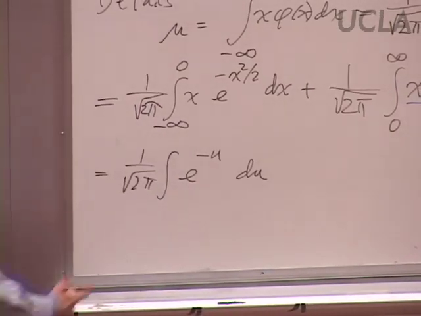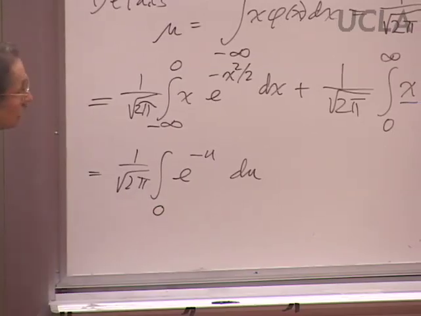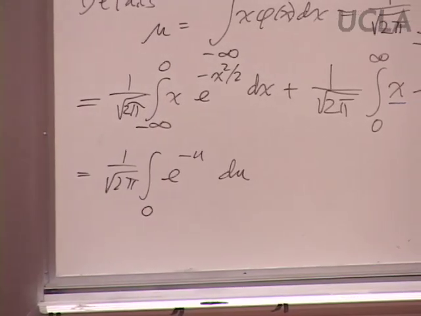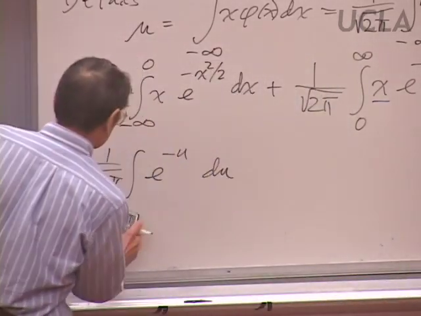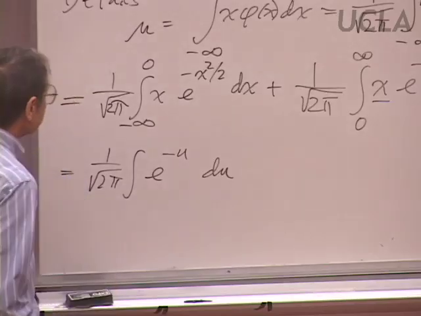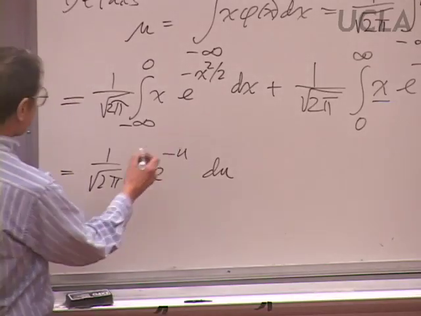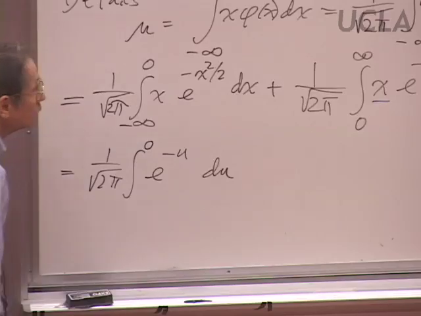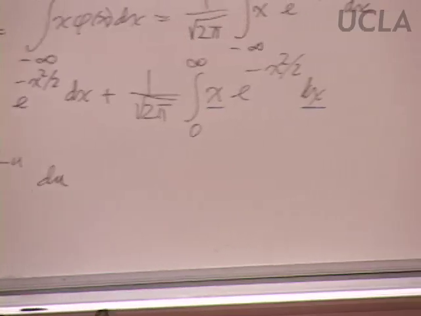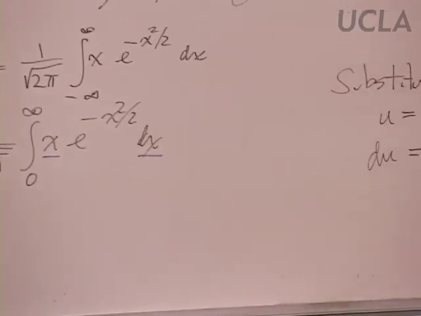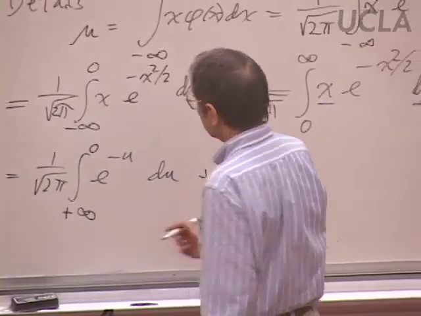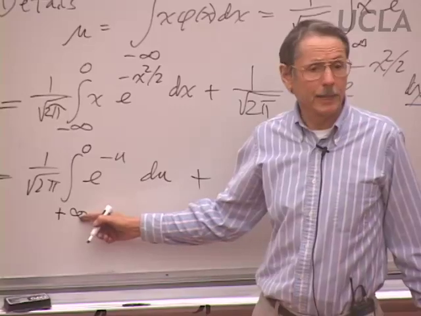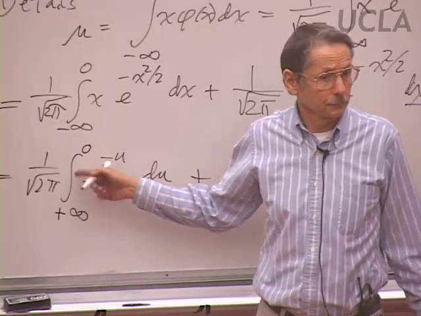Now, when x is 0, u is also 0. And when x is going off to minus infinity, u is going off to plus infinity. So this first integral is going backwards from plus infinity down to 0.